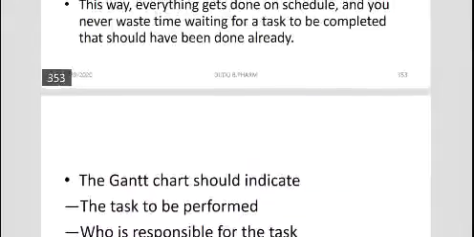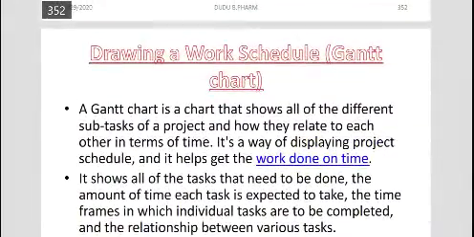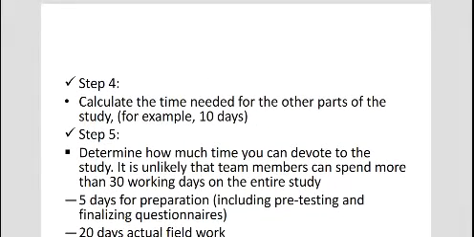Students, I think if you understand the concept, it's very simple to draw this Gantt chart, and let me make it an assignment. I'll write a question for you, in which you, as a researcher, should draw out the tasks.